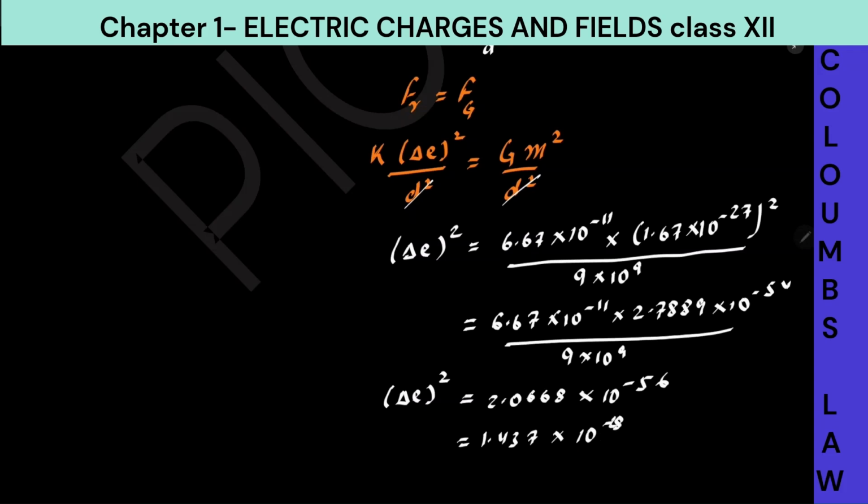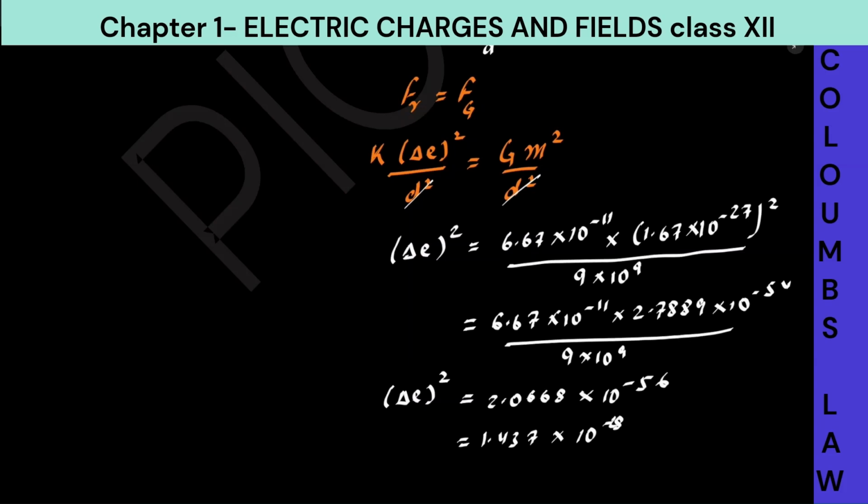Let me just reconfirm these values. So here 6.67 and that is 27, okay, so 27 into 2 is equal to 54, minus 54 and minus 11, that will give you minus 65, and minus 65 and 9, that will give you minus 56.